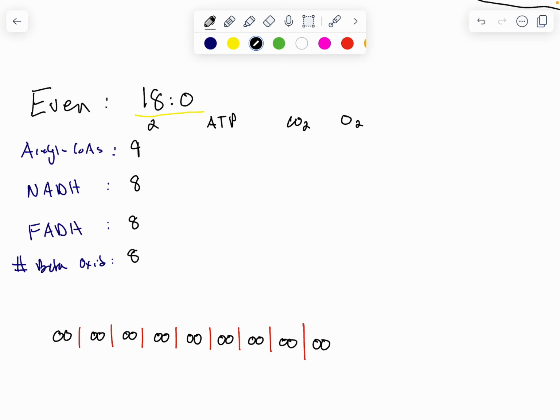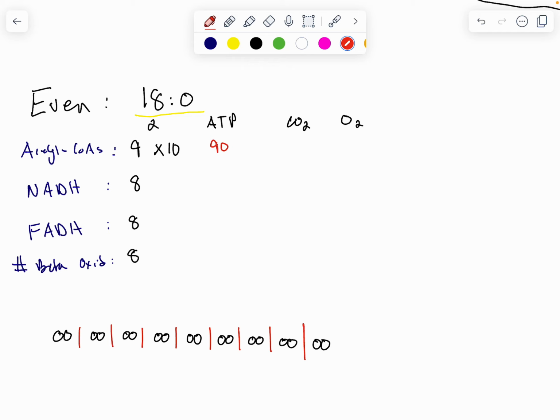Per 1 round of TCA, we know we're producing 10 ATP per cycle. So if we go through 9 rounds of the TCA cycle, since we have 9 acetyl-CoAs, in all the sum of acetyl-CoAs that we get from this chain, we are producing 90 ATPs.